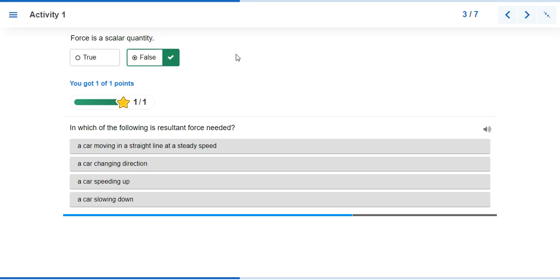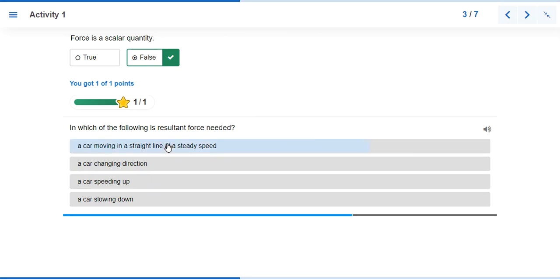And when a car changes direction, the acceleration of the car also changes. So a body will not undergo resultant force when a car is moving in a straight line at a steady speed. That is the balancing of forces, the one moving and the one trying to push it backwards. Let's see. Correct.